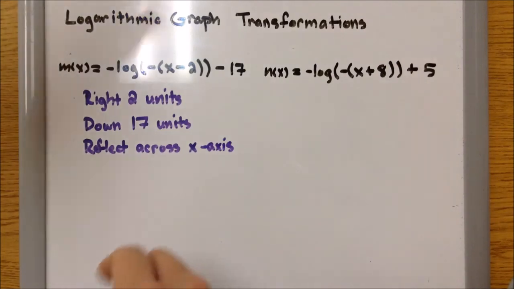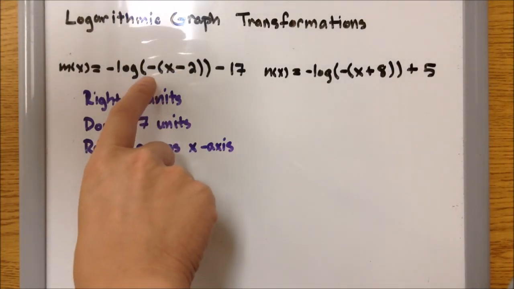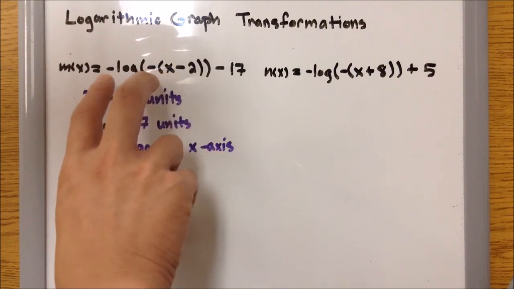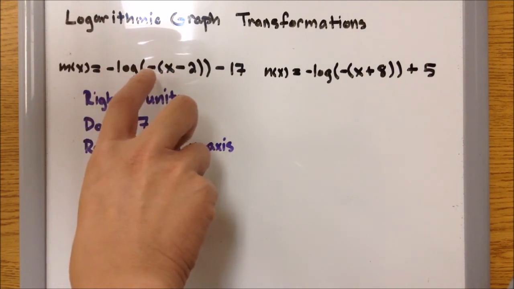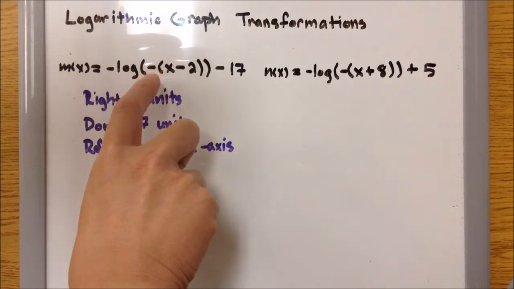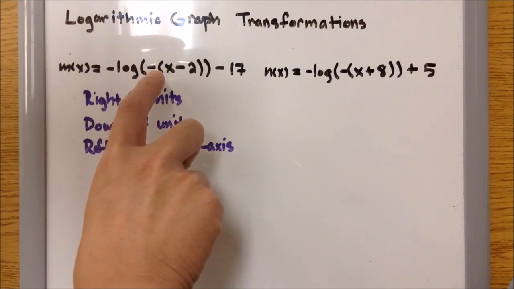But we have another negative. It's in front of x. Now even though these two negatives are in front of x, this negative is inside a parenthesis and is directly in front of x. So when you see that, that's another reflection.